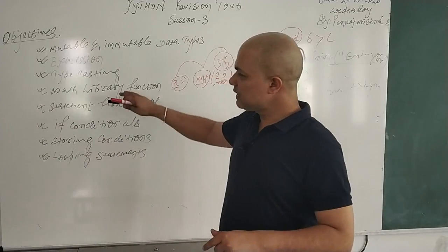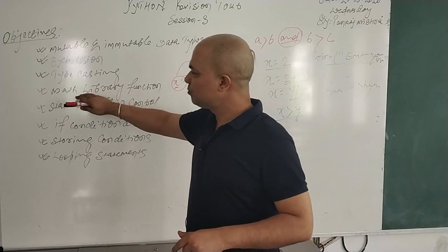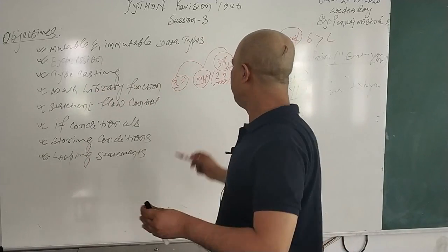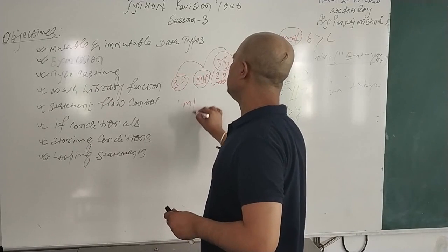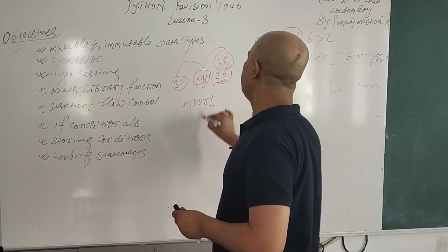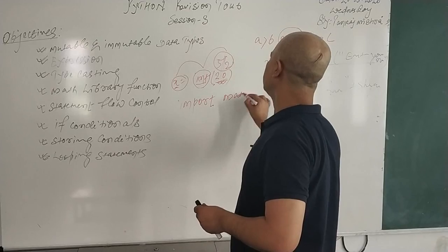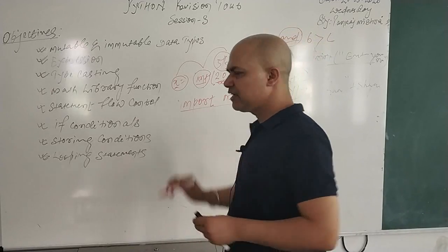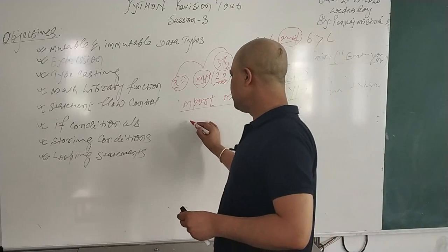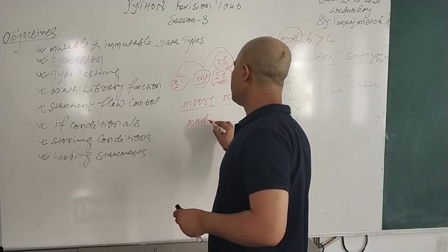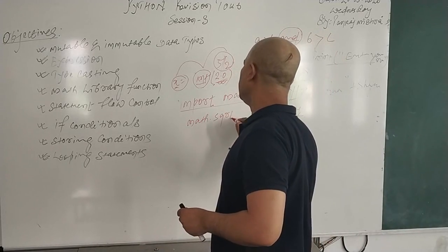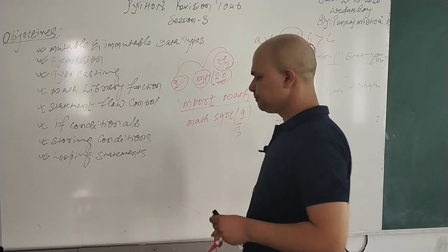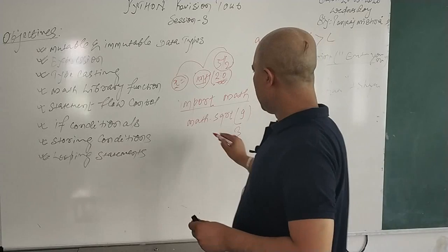But before using any mathematical function from the math module, we have to import it, and that is import math. Once you write import math as the first statement in the Python program, then you can use math functions like math.sqrt, square root, and under brackets you can say 9, and you will get 3.